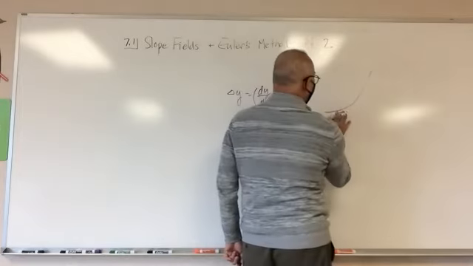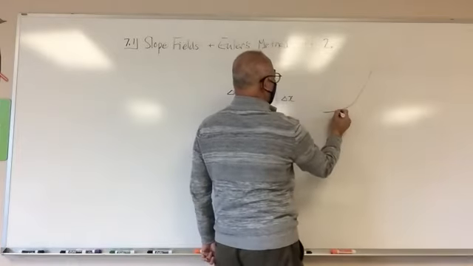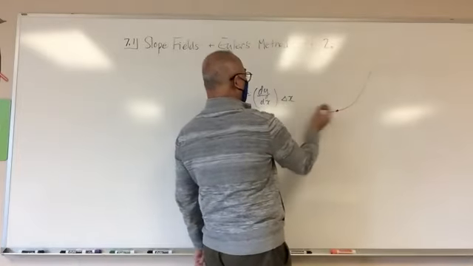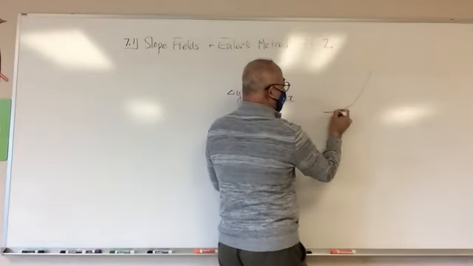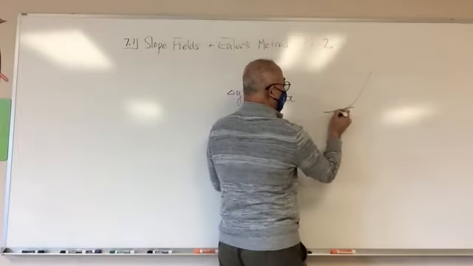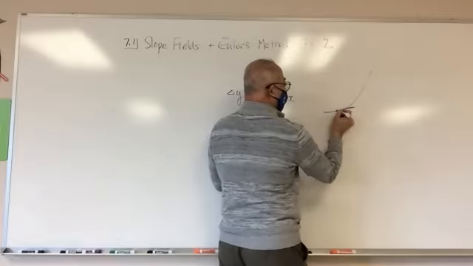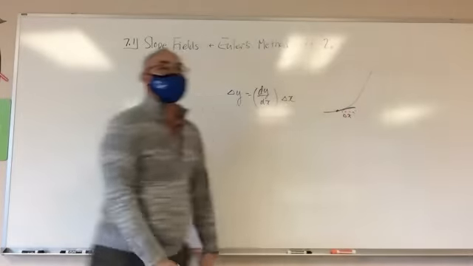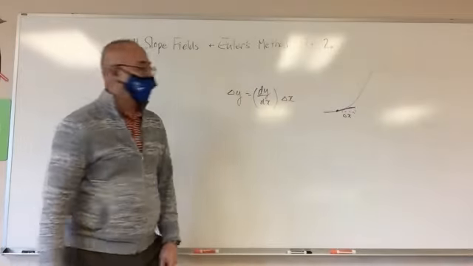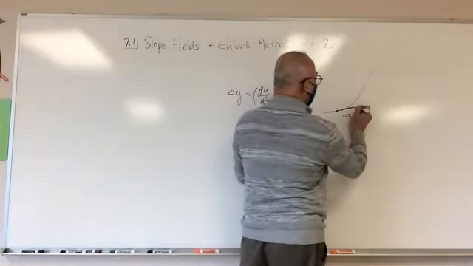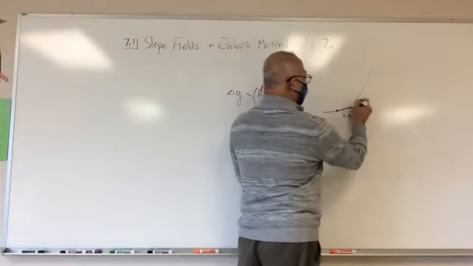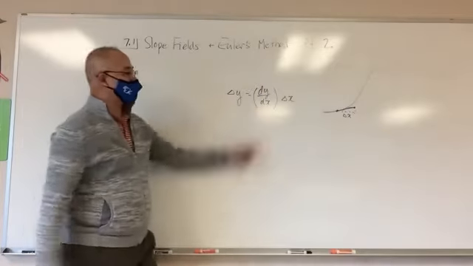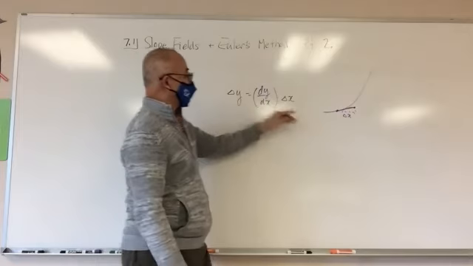I know the initial point, but I know that the next point is going to be some delta x that I control. I'm going to put a delta x there, and say that it's going to be here instead of here. Do you see how this is the slope?